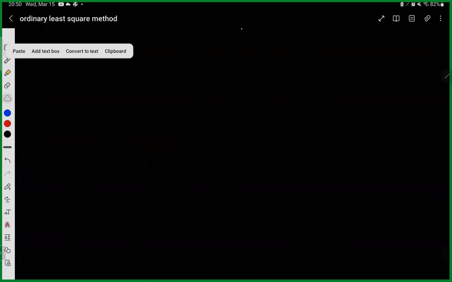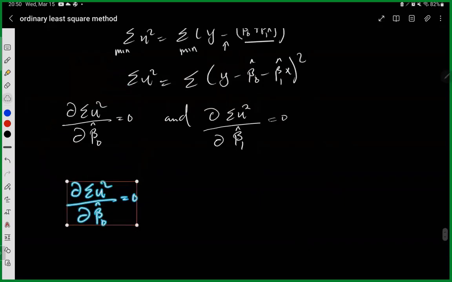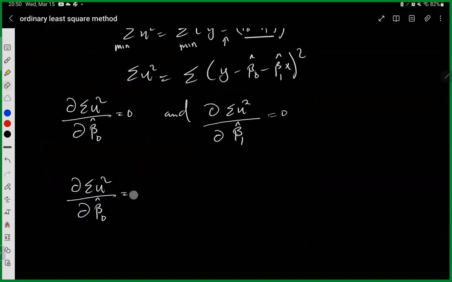From what we've just learned, this here, if you can see, is a chain function, right? Because it's raised to the power 2. So when we're differentiating that, the 2 comes down.